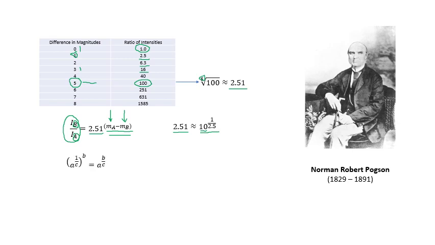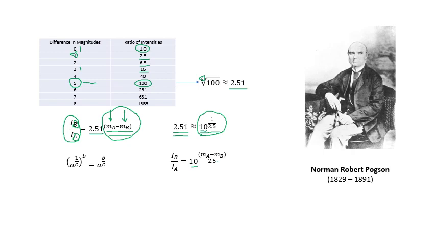So here we go. We're going to use the idea that a to the power of 1 over b, all to the power of c, is the same as a to the power of b over c. So let's write that now. We're going to take our 10 to the power of 1 over 2.5, which we know is equal to 2.51, and we're going to raise that to the power of the difference in our magnitudes.